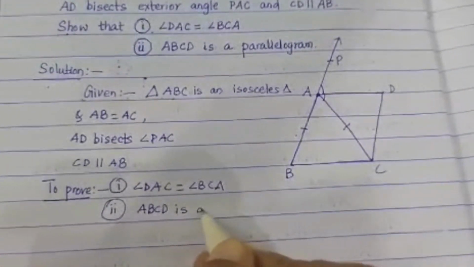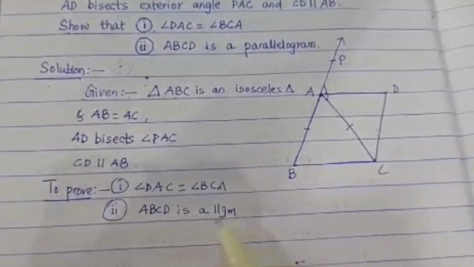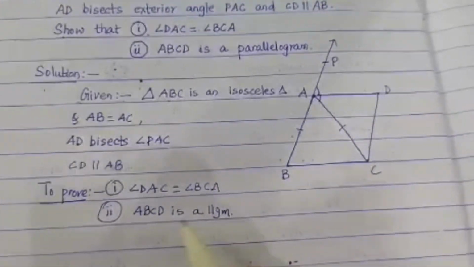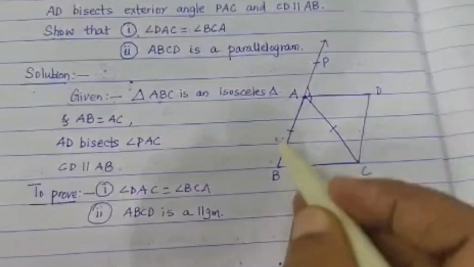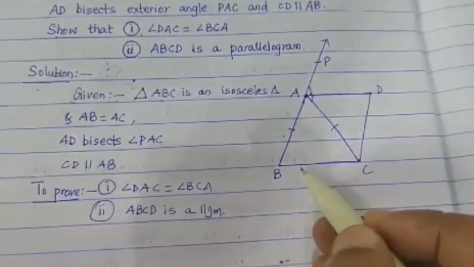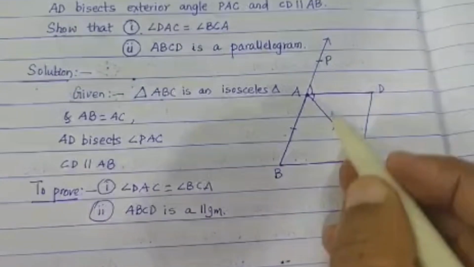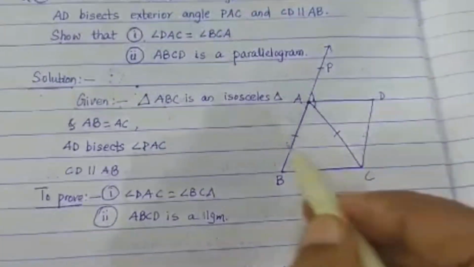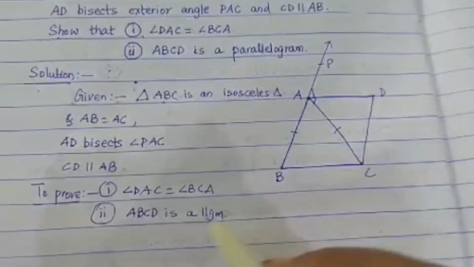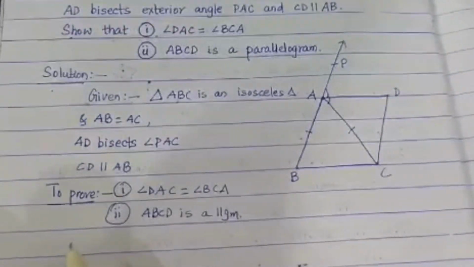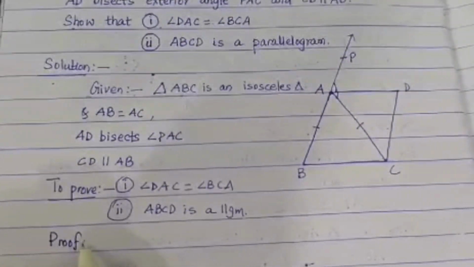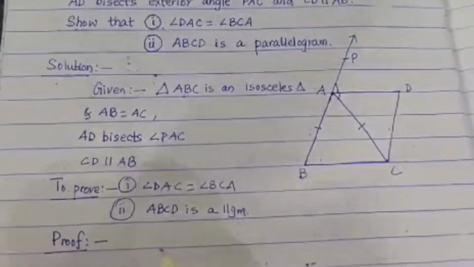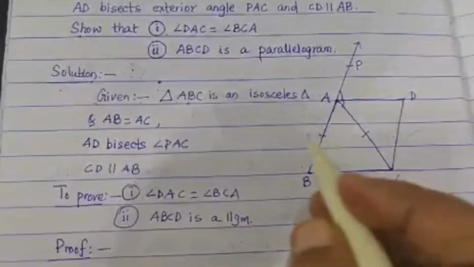We have to prove ABCD is a parallelogram, and one thing is given that DC is parallel to AB. So we have to show that BC is parallel to AD. If both of these are parallel, then it will be a parallelogram. So let's do the proof. The proof is like this.